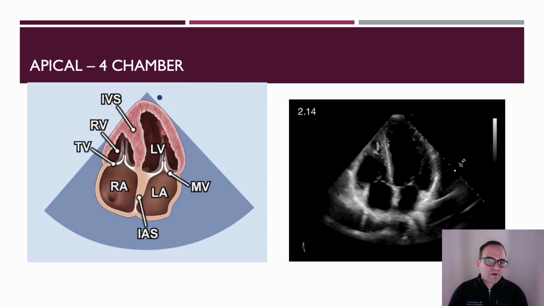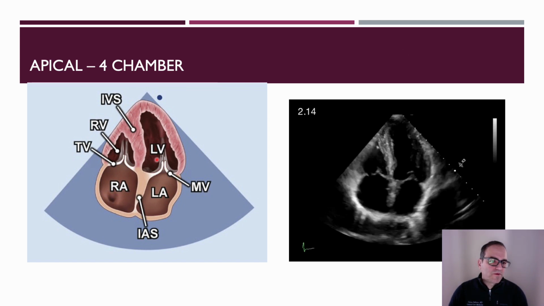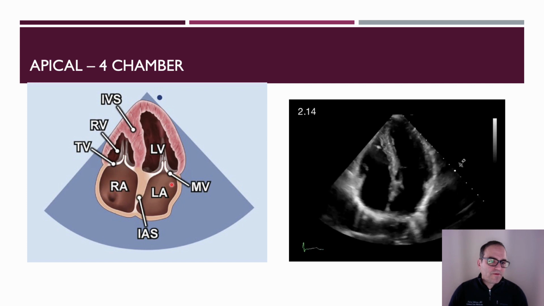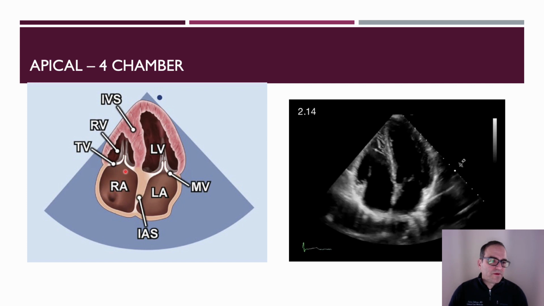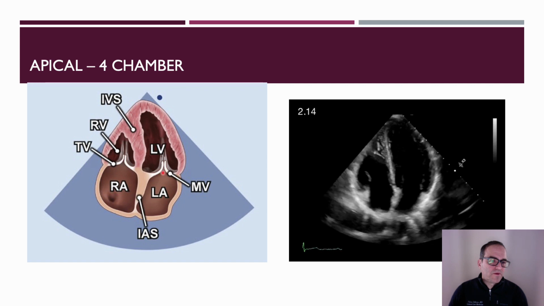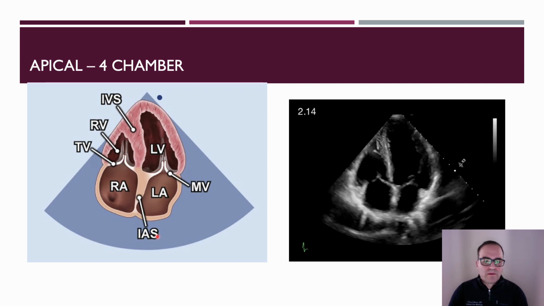The structures visualized in your 4-chamber view are your 4 chambers, your LV, your left atrium, your right atrium, and your right ventricle with your mitral and tricuspid valve.